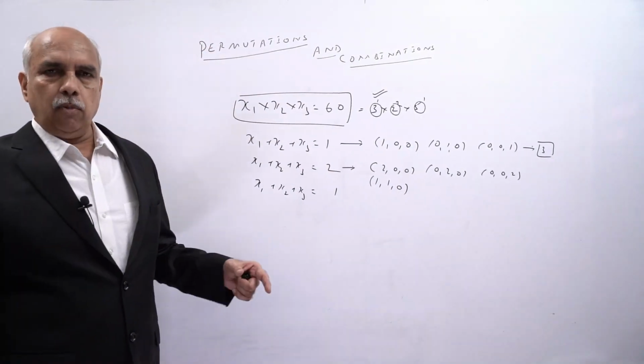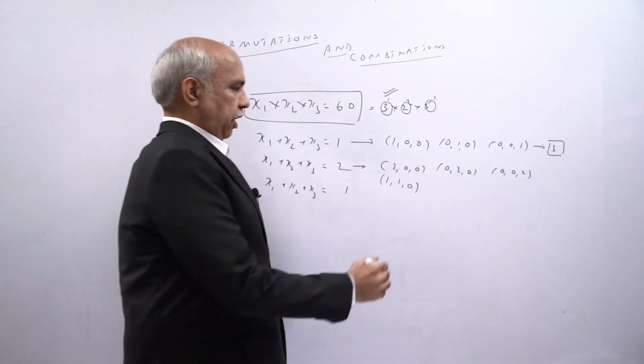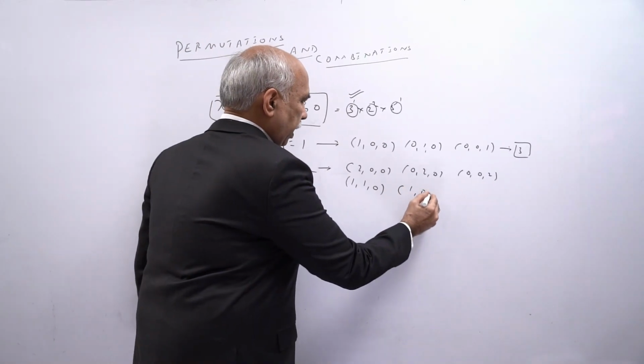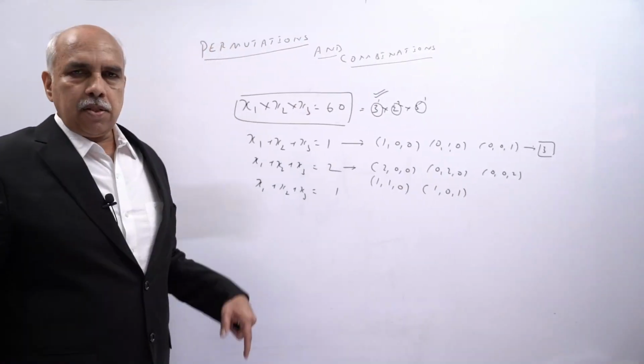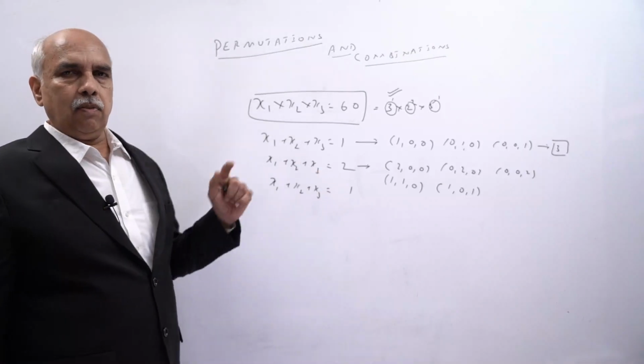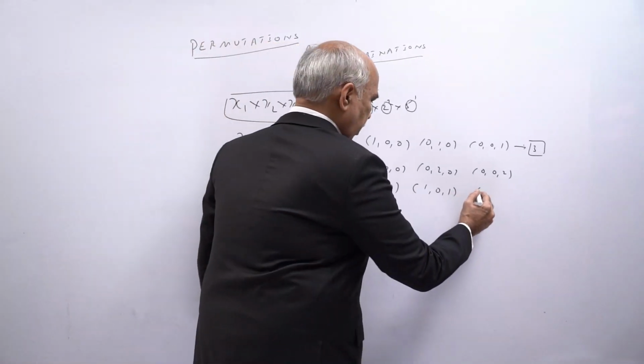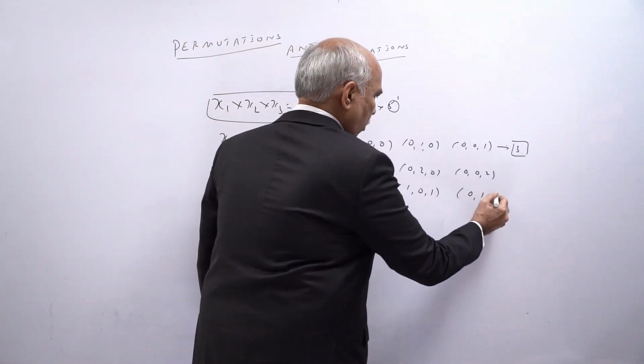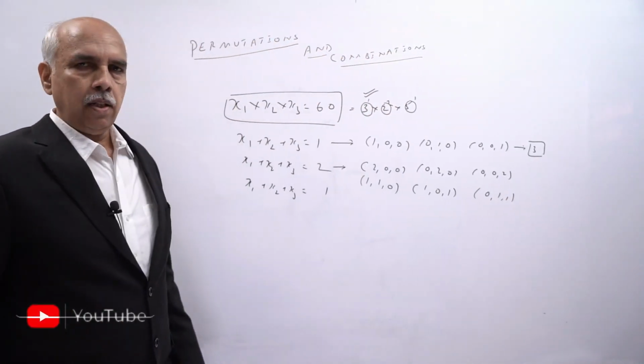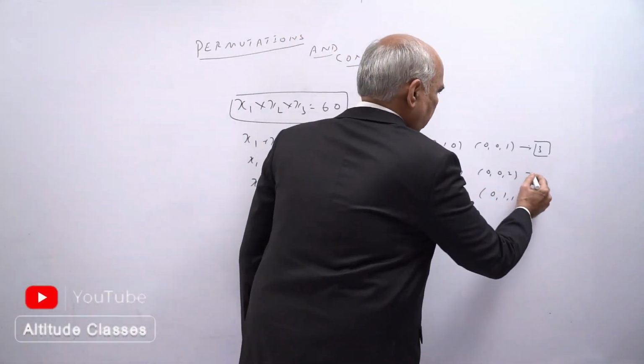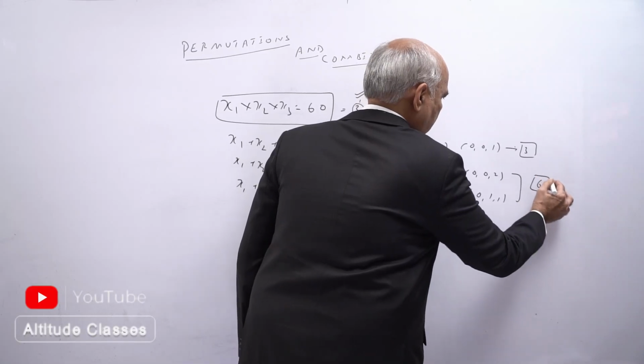Two people get 1 and 1, and the third one doesn't get anything. Or the second person doesn't get anything, and the first and the third get the distribution: 1, 0, 1. And the third one is 0, 1, 1. These are the possibilities. So these put together, I get 6 possibilities.